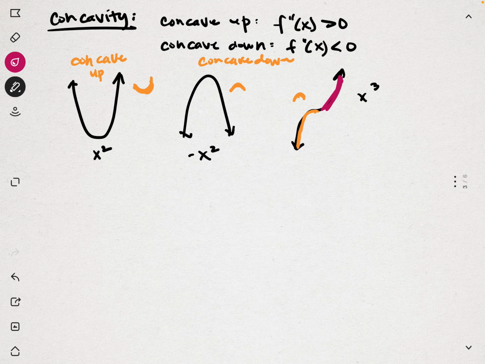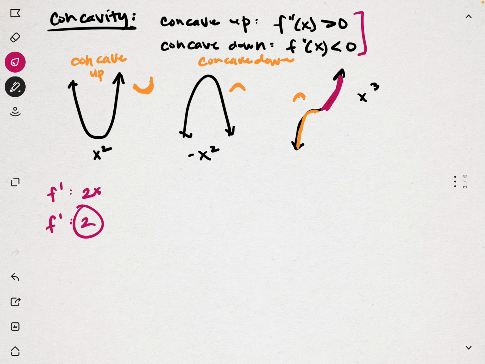So what concavity says is if we find the second derivative where it's greater than 0, it's concave up, or it's less than 0, it's concave down. So let's go ahead and verify. So if we did the first derivative, that would be 2x. The second derivative would be negative 2. I'm sorry, positive 2.